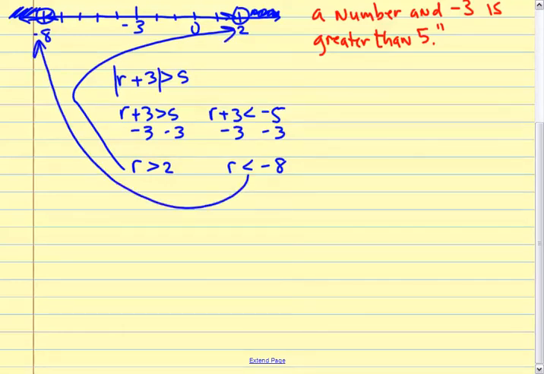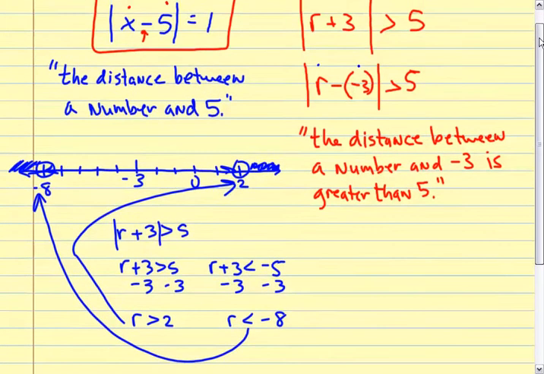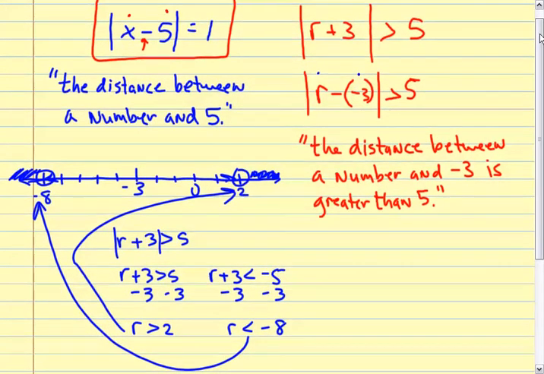It's important that we understand that whenever we have a subtraction problem, or something we could write as a subtraction problem, inside the absolute value, then we're talking about a distance between two numbers. Absolute value is all about distance: distance from 0, or distance between two numbers.